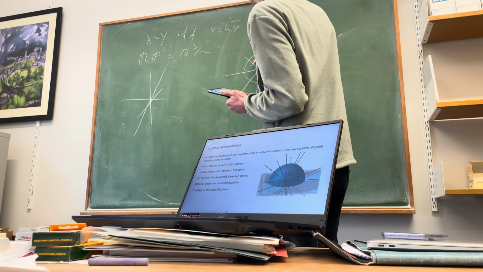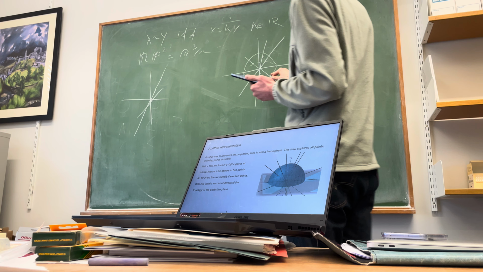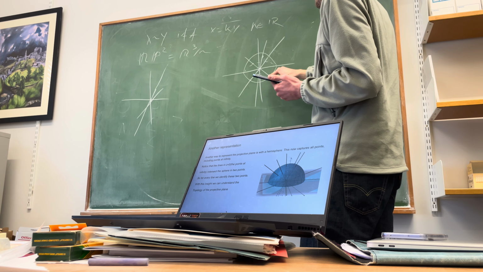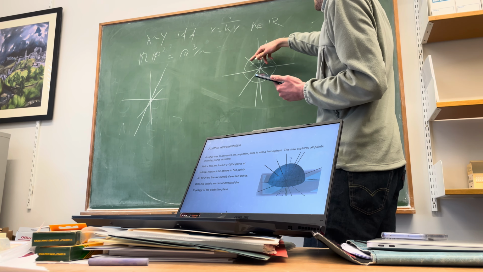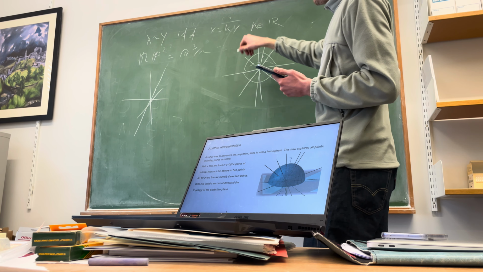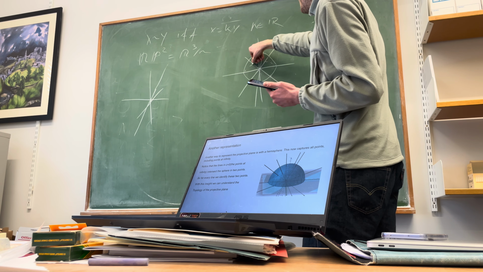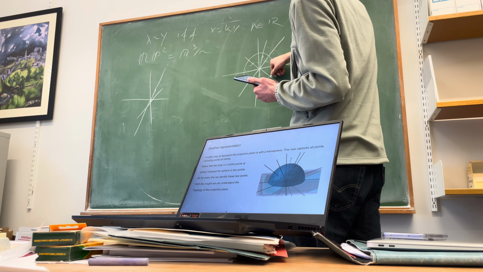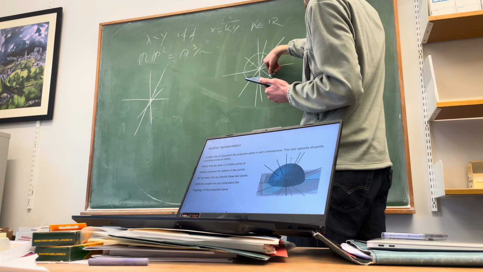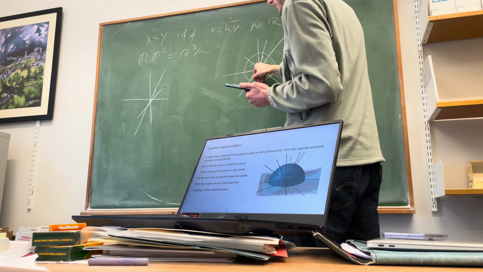We need to make a slight adjustment here. We need to identify the opposite points on the sphere, because we only want one line to represent one point. So we identify these two opposite points on the sphere.